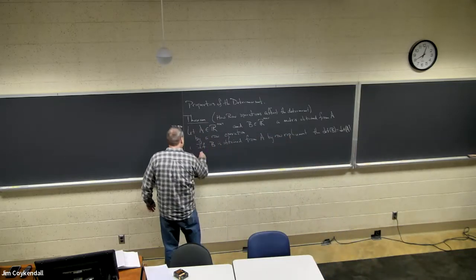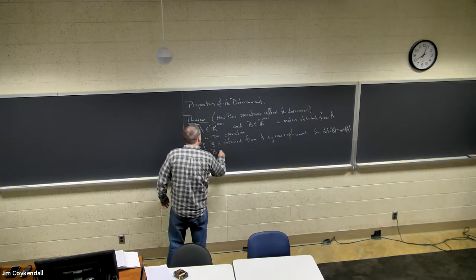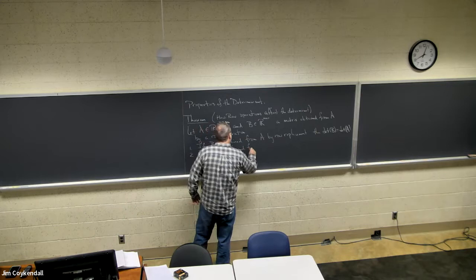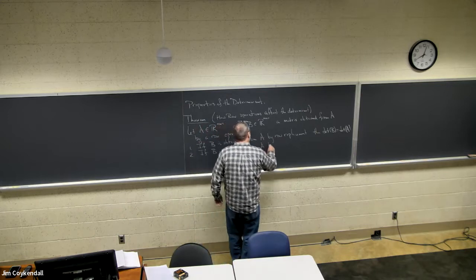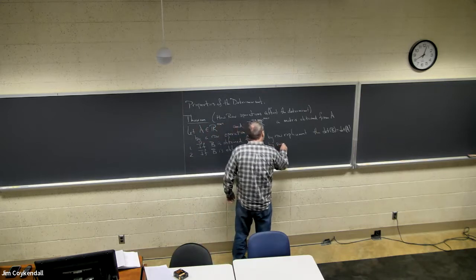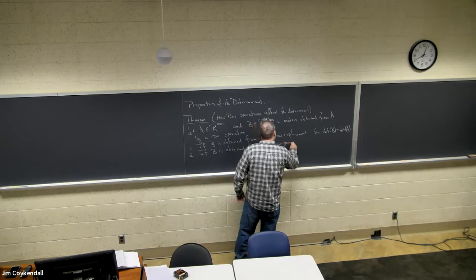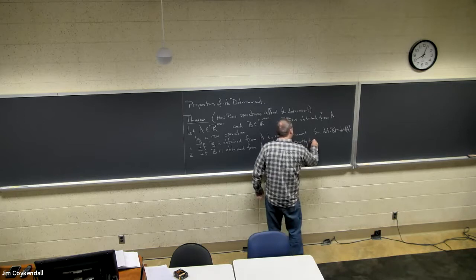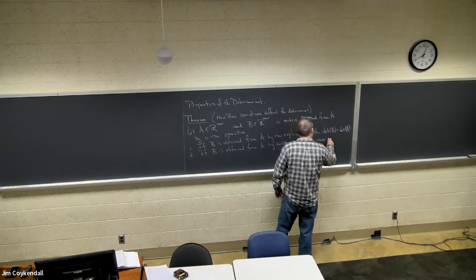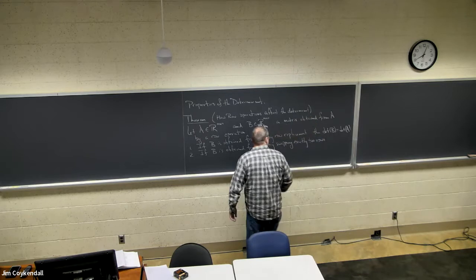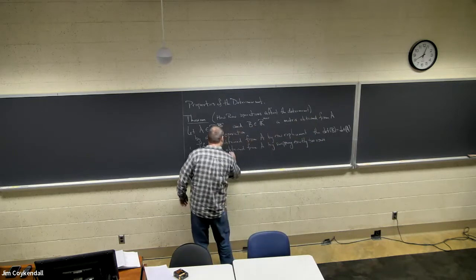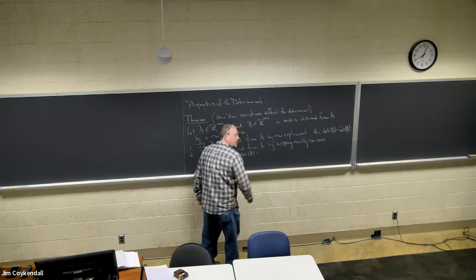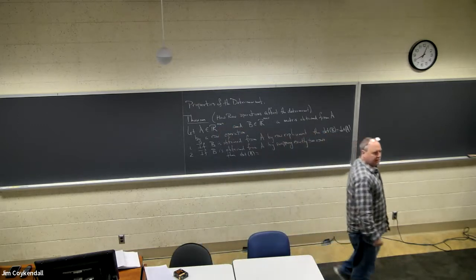Number two, if B is obtained from A by swapping exactly two rows, then anybody want to guess what happens here?